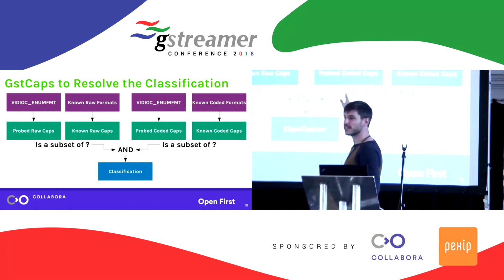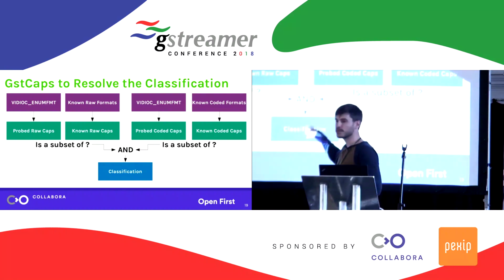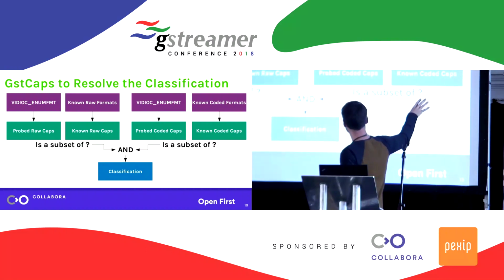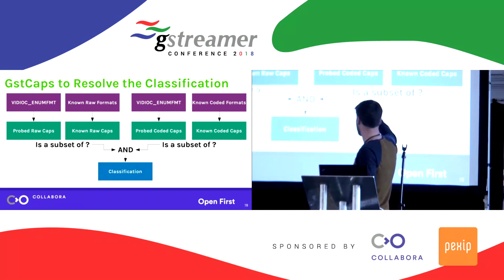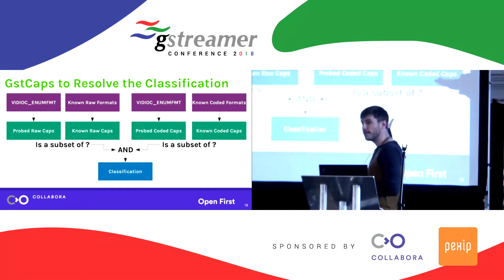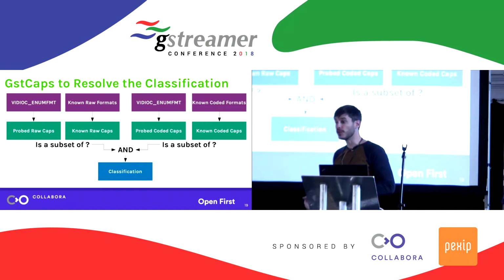Then we list every raw caps we know from the V4L framework, and we make a caps out of that. On the other queue, same thing, we enumerate the formats again. It will give us probed coded caps, and we also make a list in the caps of all the known coded caps.